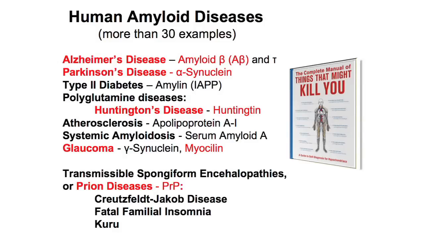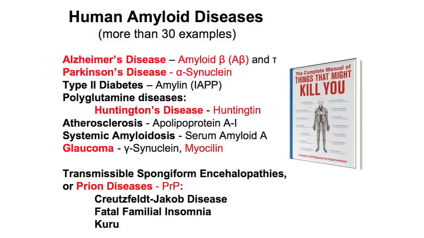So now if we come to the in vivo situation, then it's getting even worse, because there are about 30 examples of diseases, so-called amyloid diseases, where amyloids are actually causative agents leading to very significant health problems.